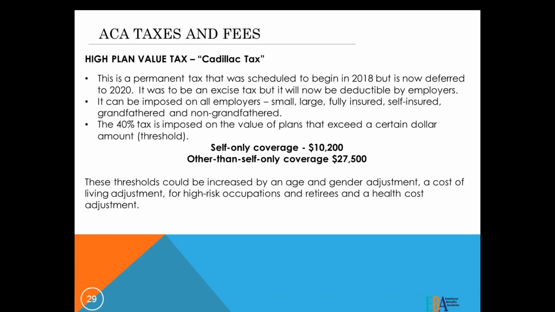It's a 40% tax on the value of the plan that exceeds $10,200 for self-only coverage and $27,500 for all others, an employee plus spouse or child or an entire family. So the estimated thresholds for 2020 will be indexed at $10,800 and for families $29,100.